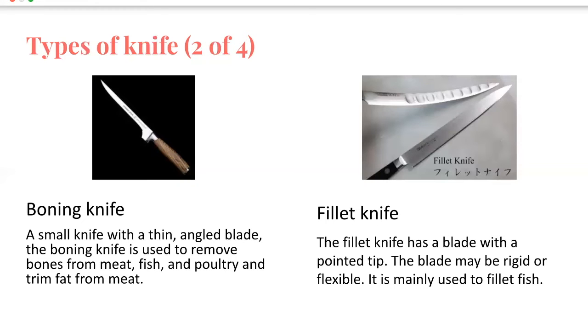The next knife is boning knife. A boning knife is a small knife with a thin angled blade and is used to remove bones from meat, fish, and poultry. It can also be used to trim the fat from the meat.